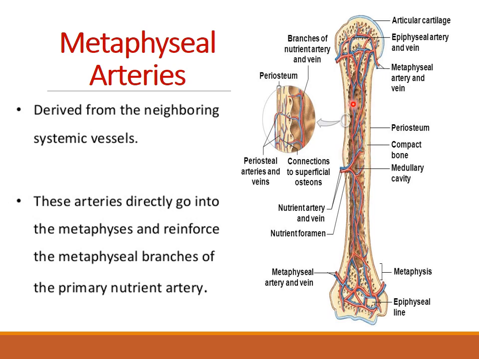So whenever there is a fracture or any break in the blood supply towards these areas, suppose here is the fracture line, then from this fracture line the blood is going to be cut towards the proximal side, and at that time these metaphyseal and epiphyseal arteries are going to compensate the blood flow to these areas.